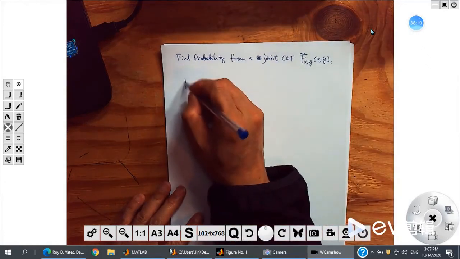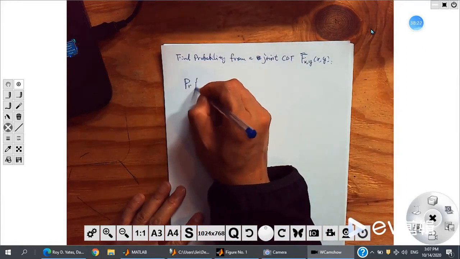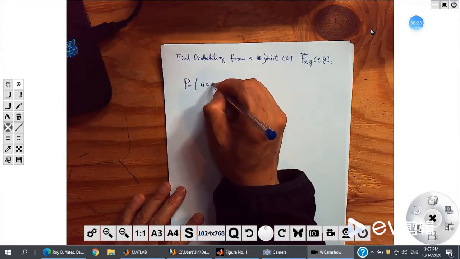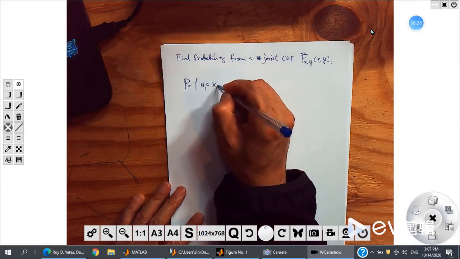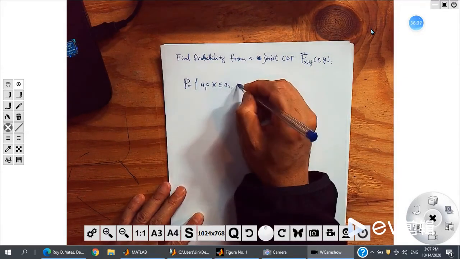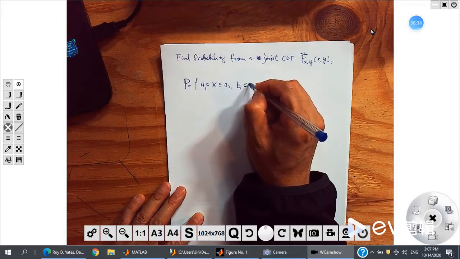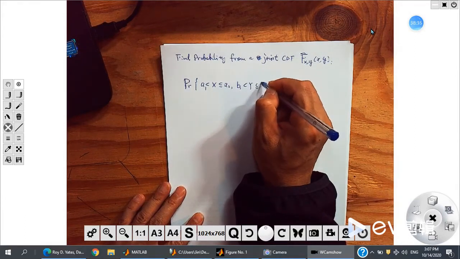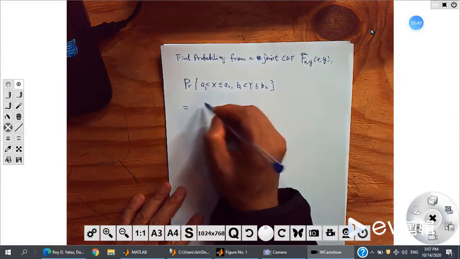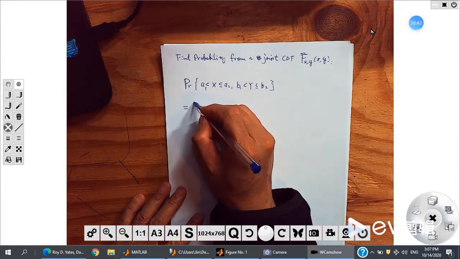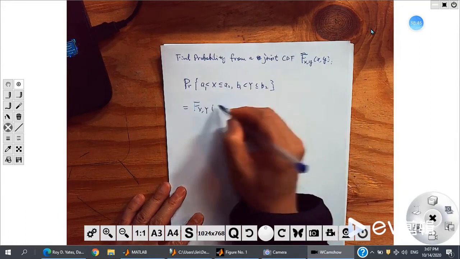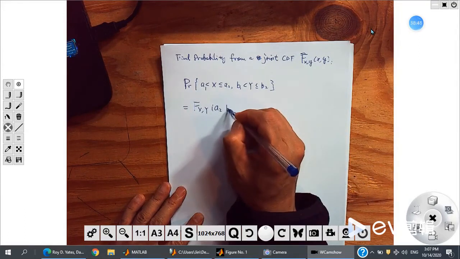The probability of A1 smaller than X, smaller than or equal to A2, and B1 smaller than Y, smaller than or equal to B2, is equal to F of X, Y at A2, B2.